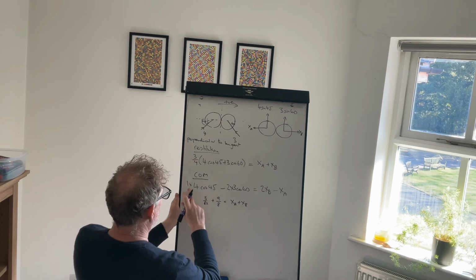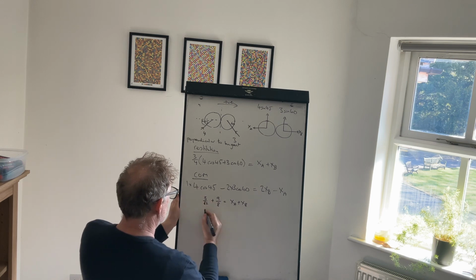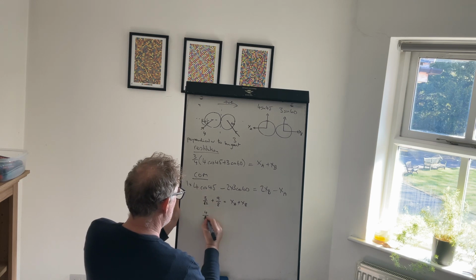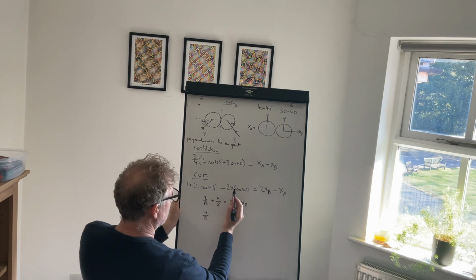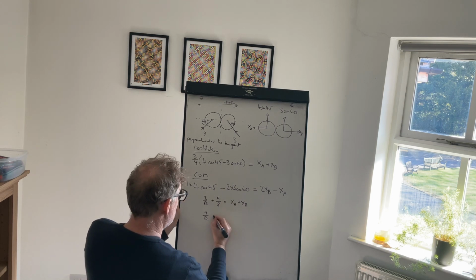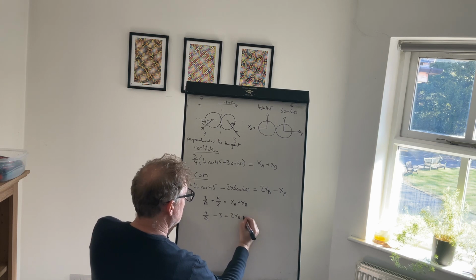And on this equation, it's going to be 4 over root 2 plus a half times 3, equals 2XB minus XA.